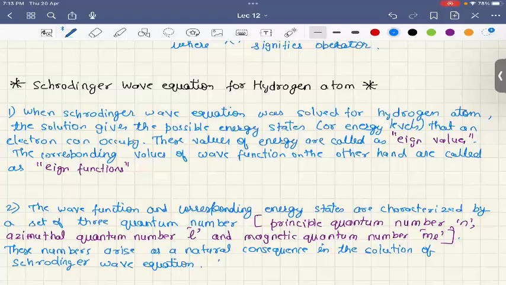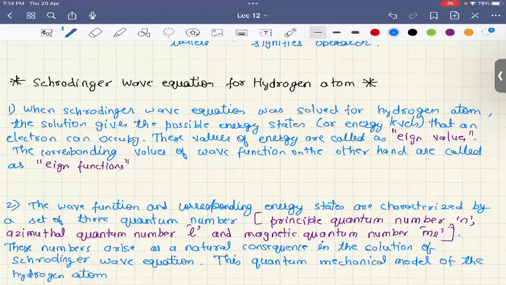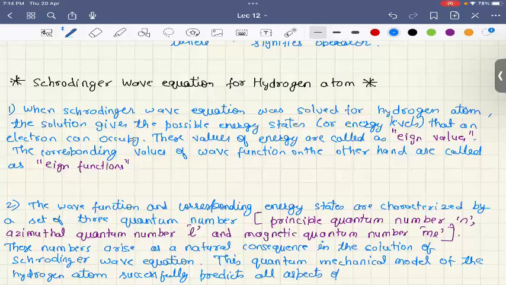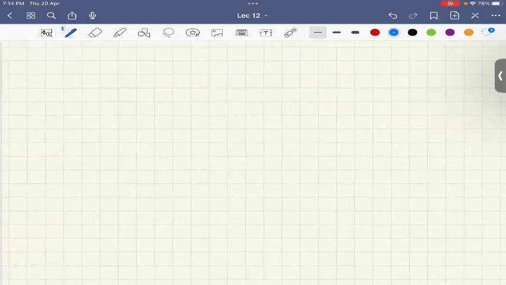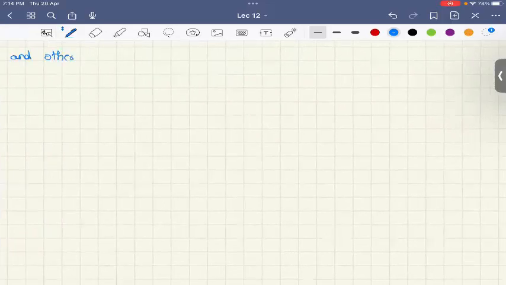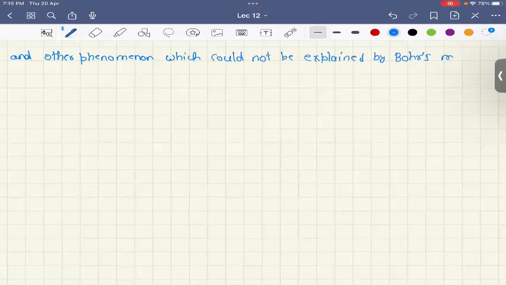And this quantum mechanical model of the hydrogen atom successfully predicts all aspects of the hydrogen atom spectrum, right? And other phenomena which could not be explained by Bohr's model, right?